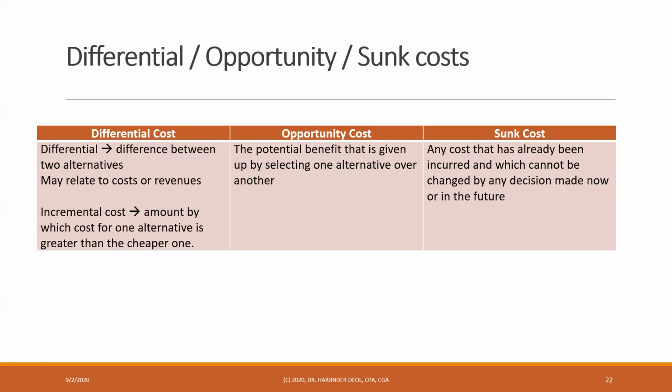Sunk costs, it's basically a cost that's already been incurred. It can't be changed by whatever decision that we make now or in the future. Now, as a concept, it's pretty elegant, it's pretty simple. However, it's one of the costs that's very difficult for people to forget about or give up on.